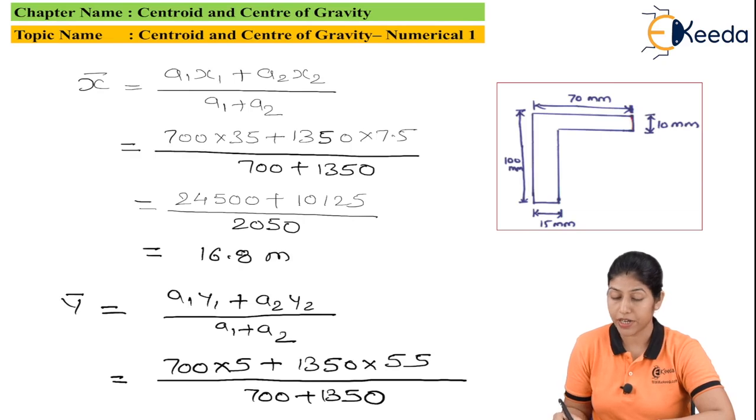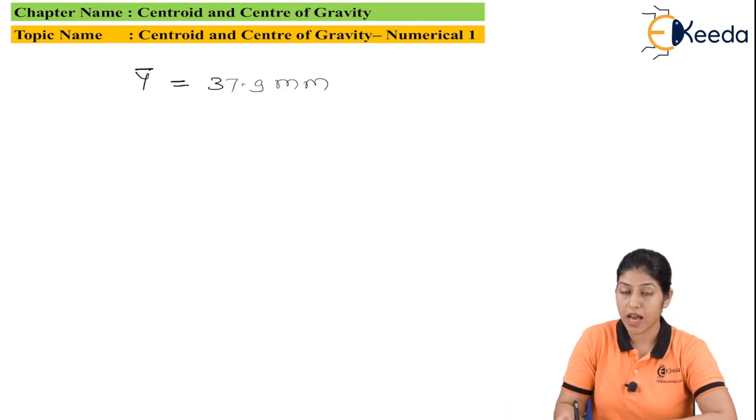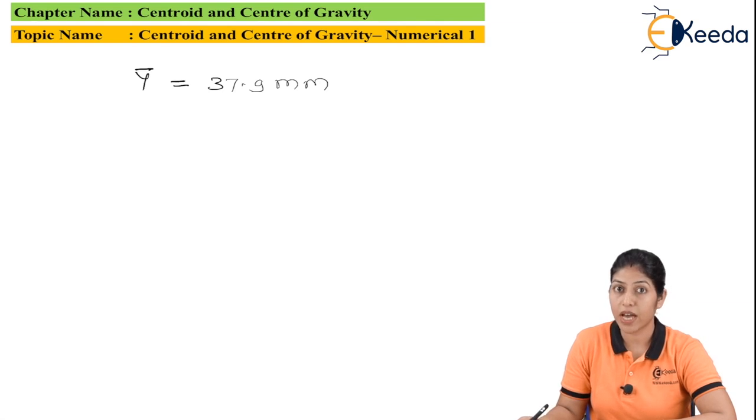It will be 700 into 5 plus 1350 into 55. We have all the values of X1, Y1, X2, Y2, A1, A2, so we are putting all these values here. So the equation is 700 into 5 plus 1350 into 55 divided by 700 plus 1350. And the final value of Y bar is 37.9 mm. So here we have the value of Y bar and we have the value of X bar.